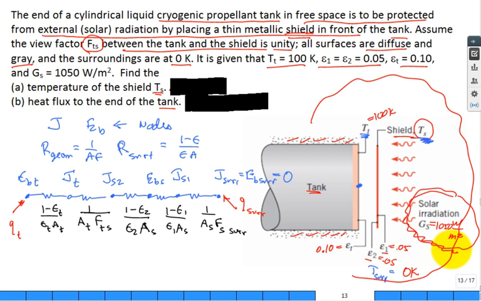So sometimes it helps if we just pick the area of the tank equal to the area of the shield, just 1 meter squared. It helps us conceptually, I think, figure out the problem. And so I have the solar irradiation. It's coming and bombarding somewhere. Okay, how do I stick it into this network? Where do I plug it in?